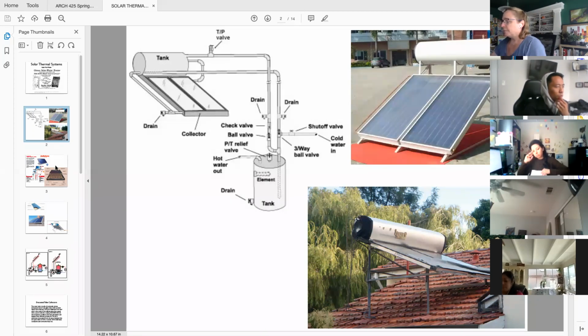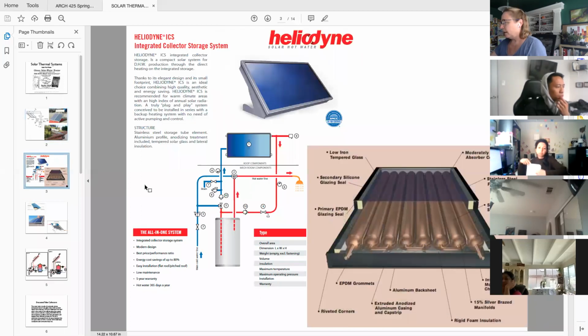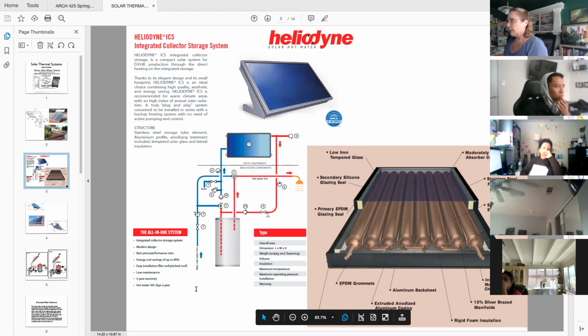So this is a collector style solar thermal system. You can also get that in a flatter panel type layout.